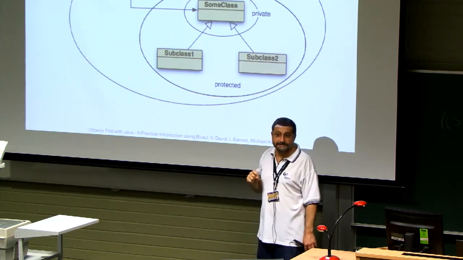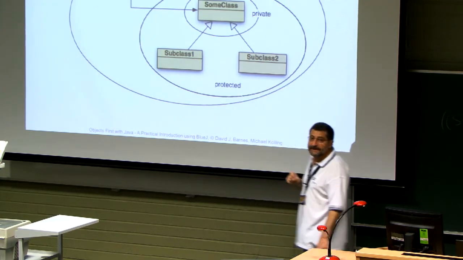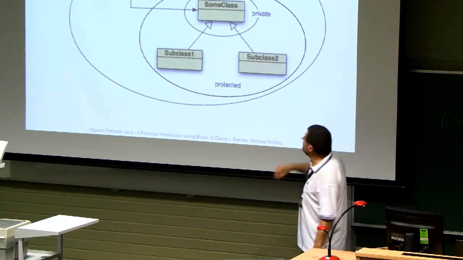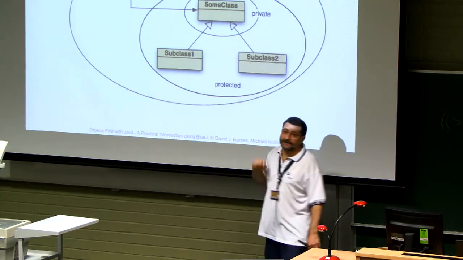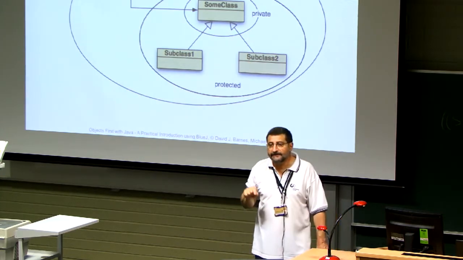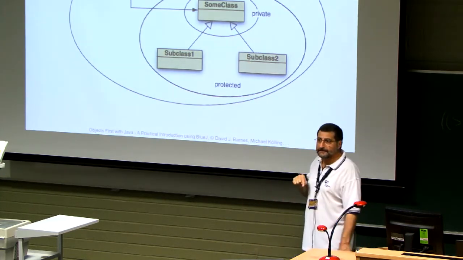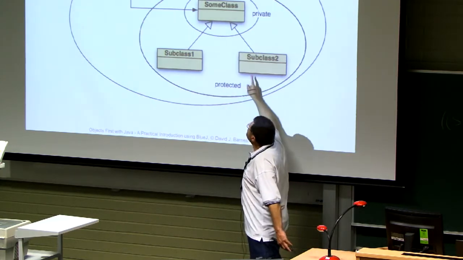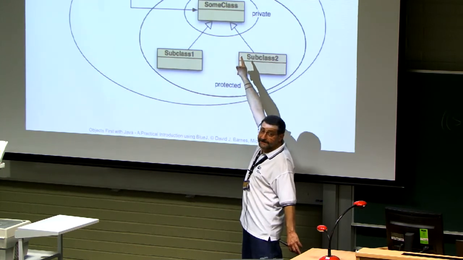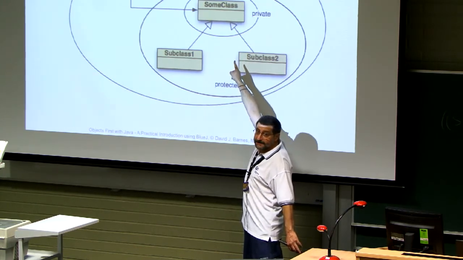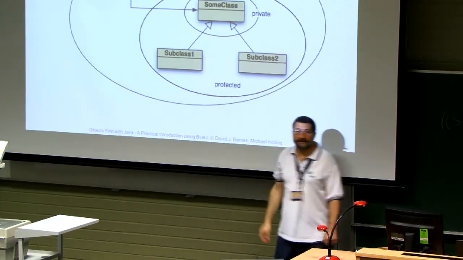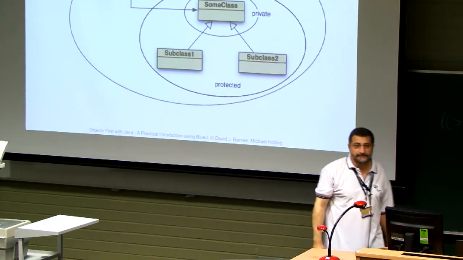Even the children in the inheritance hierarchy, if it's declared private, even these guys can't see the private stuff in the parent class. Now there's an intermediate form of privacy, where if you declare something in the superclass to be protected rather than private, it means that all the children can see the protected variables or methods in the superclass, but nothing outside of the hierarchy below the parent can see it.